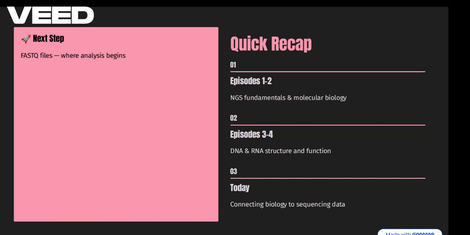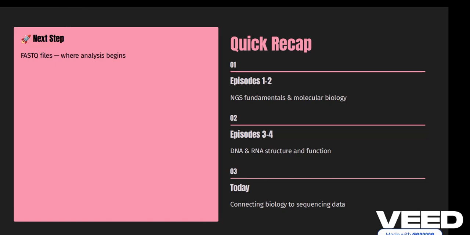Before moving ahead, let's quickly recall what we have learned so far. In episode 1, we introduced the complete NGS data analysis course. We discussed what NGS is, why it is important, and what topics we are going to cover throughout this course. Then in episode 2, we discussed molecular biology fundamentals. We learned why understanding biology is important before starting bioinformatics.